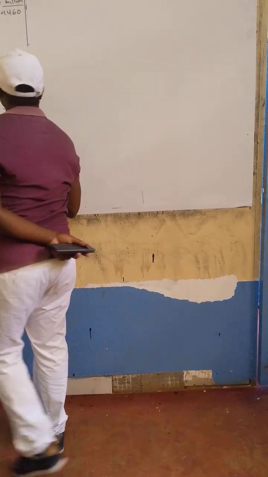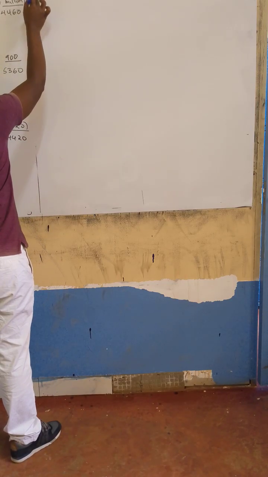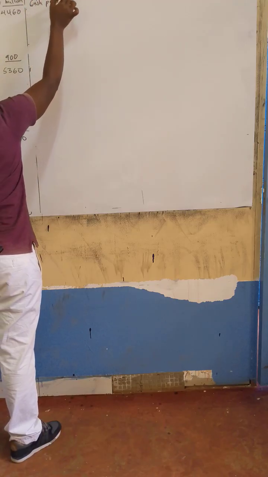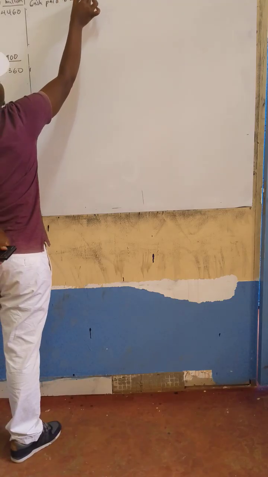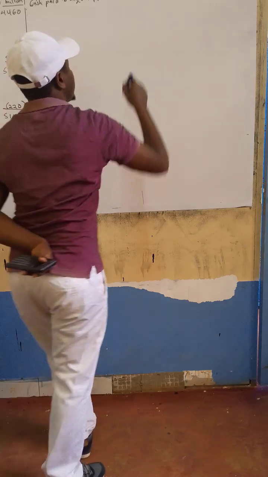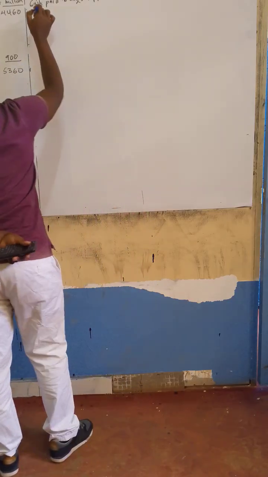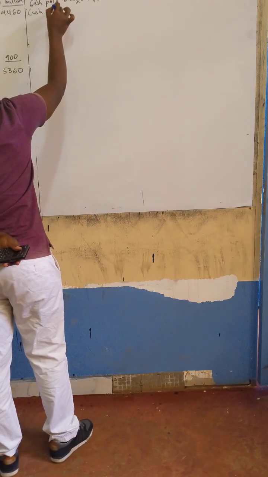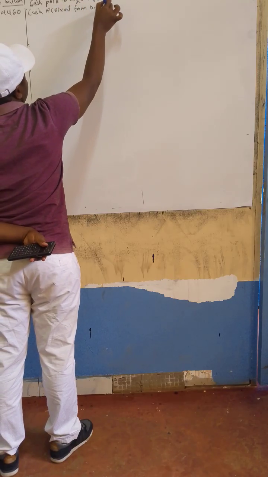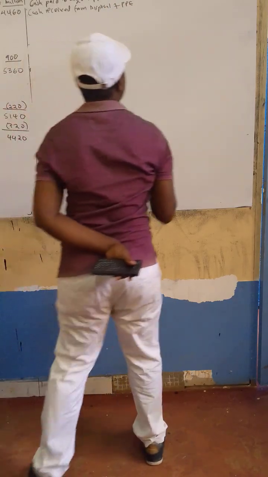3512. And then cash paid to acquire PPE. This was our working again. It was 3200. So cash went out. And then we have cash received from disposal of PPE, which was 1,000.